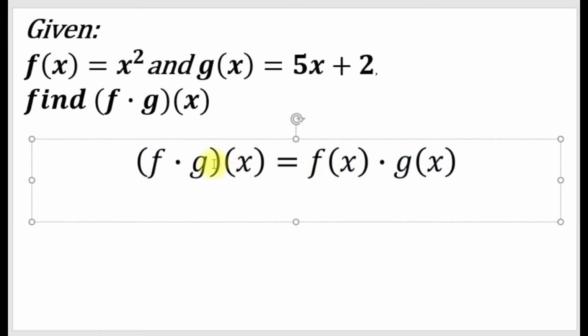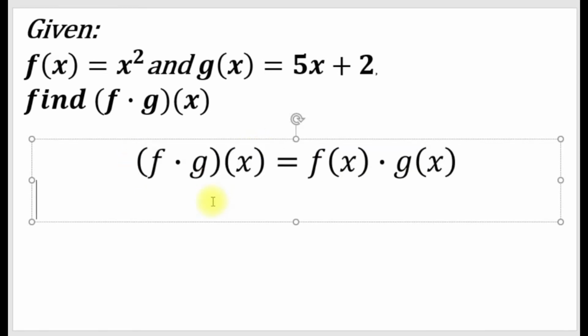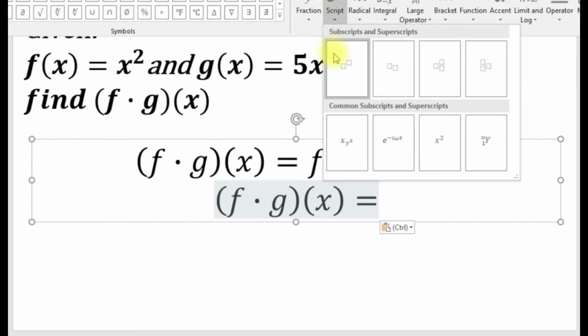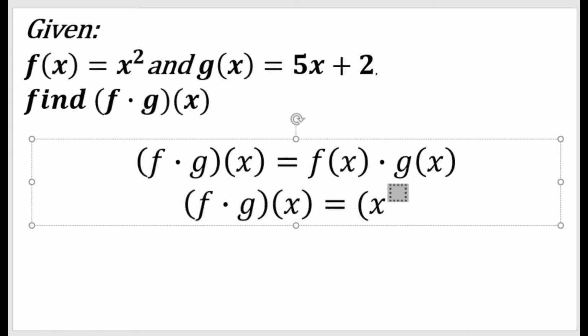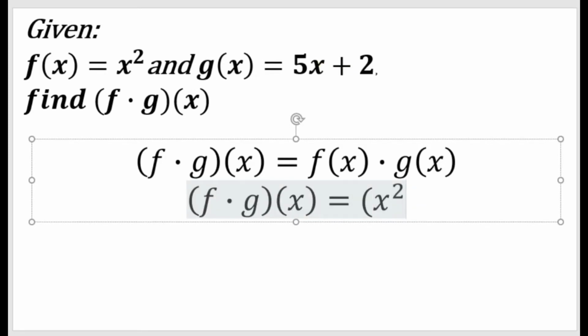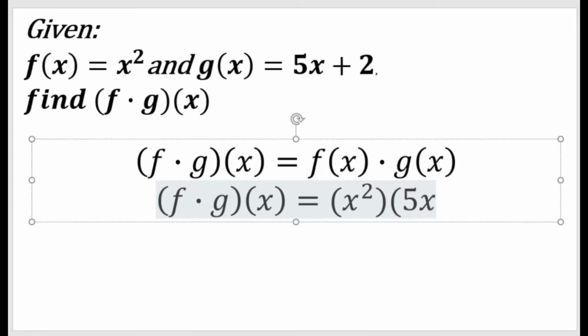And then the next step would be substituting the functions f of x and g of x. Doing that, we're going to have f dot g of x is equal to x squared times 5x plus 2.